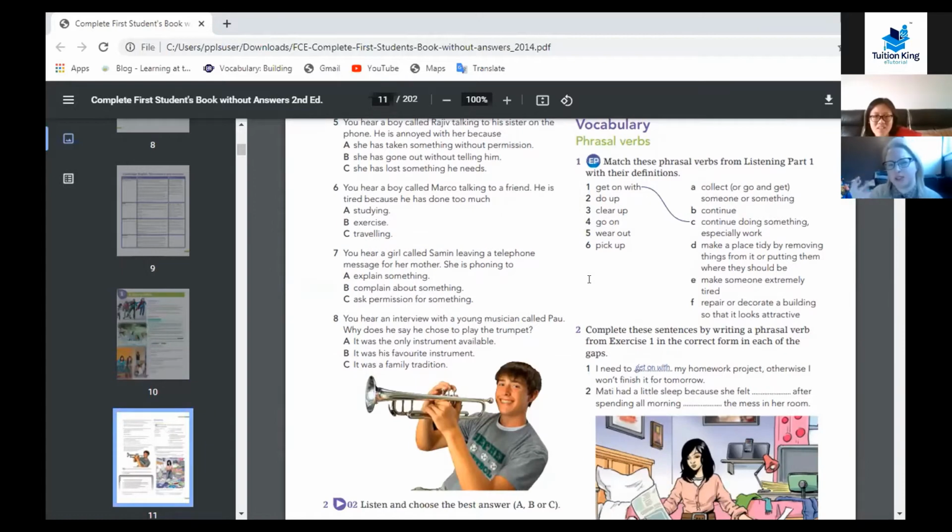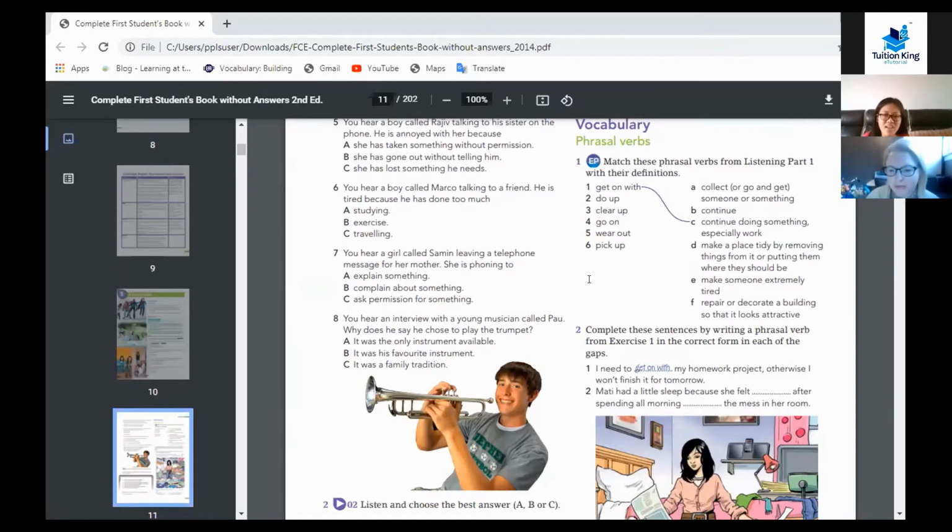Well, you are listening for specific words, but it's more about understanding the function, the gist of it. Yeah. So she does, I think, at least 2 of these in the audio, doesn't she? She does explain and she does ask permission. So I can understand why there's some confusion there.